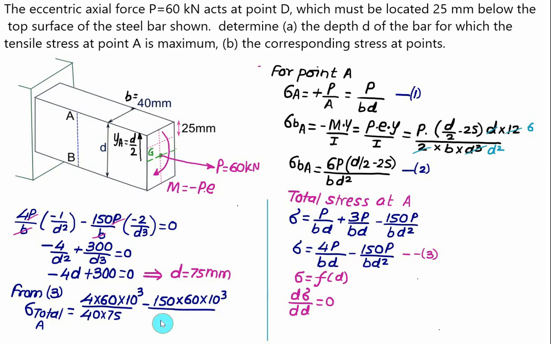We have B equal to 40 and D equal to 75 square. Solve this and you will get the total stress at point A. So the first term answer is 80, the second term answer is 40. So we have the maximum stress at A equal to 40 megapascal.